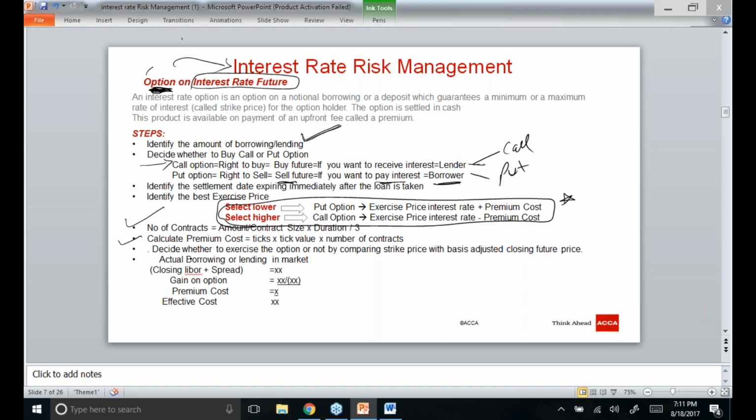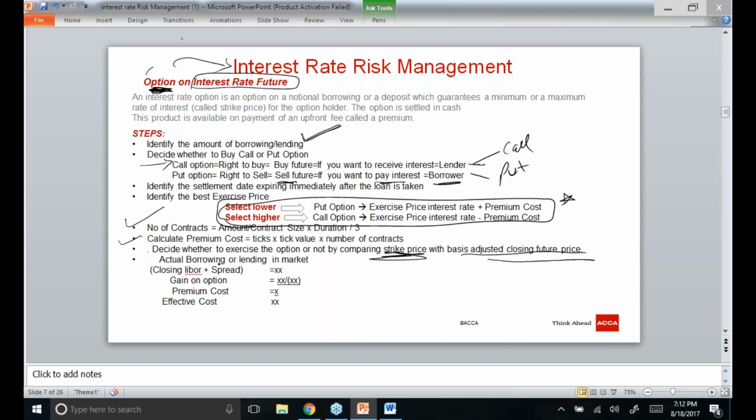Okay, the next, decide whether to exercise the option or not by comparing strike price with the basis adjusted closing future price. You have to compare the strike price, which you will choose in the above steps, with the basis adjusted closing future price. Why are we comparing strike price with the basis adjusted closing future price? Because these are the options on interest rate future.